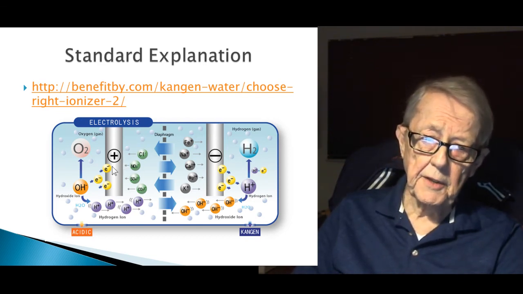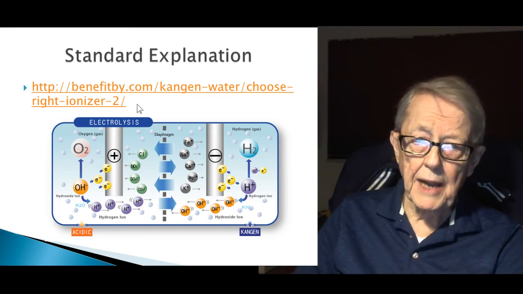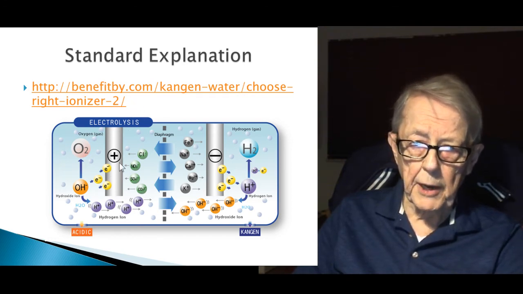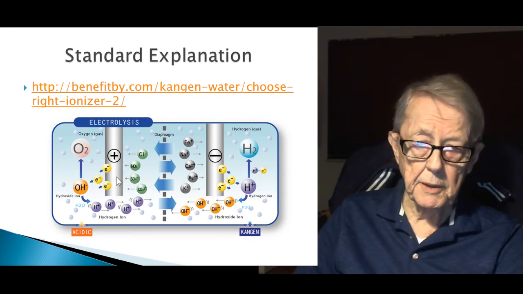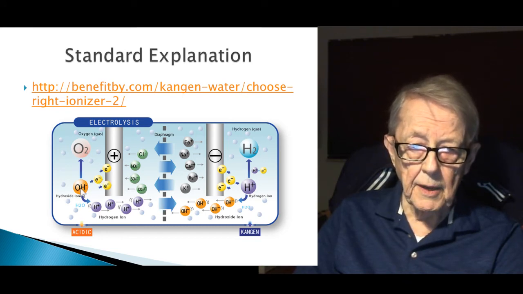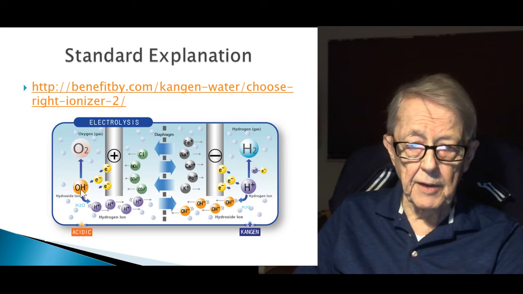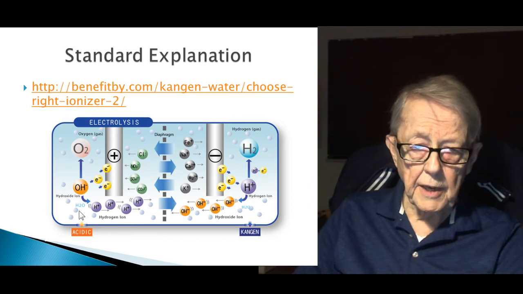They say that on this side, the electrons are being pulled out. The battery pulls, however it does that. I don't know how it pulls, but it does, and somehow removes the electron from the hydroxide ion, leaving an oxygen atom and a hydrogen atom, or maybe a hydrogen ion.